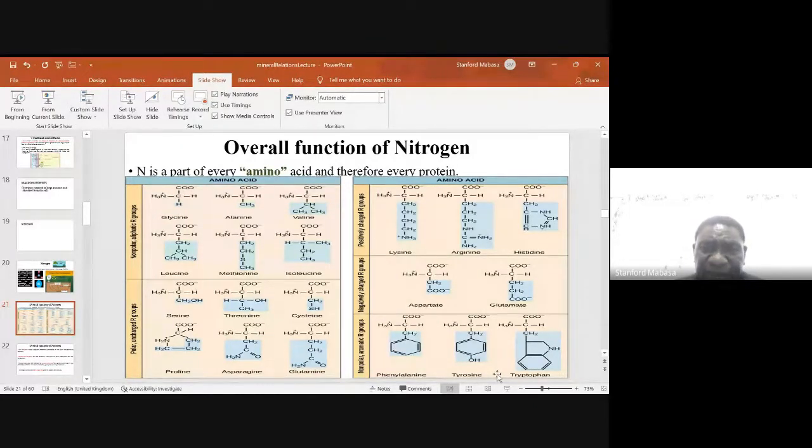Here I've just displayed several amino acids just to emphasize the importance of nitrogen. It's not for you to memorize all these chemical structures, but to appreciate where you can find nitrogen in various amino acids and the proteins.